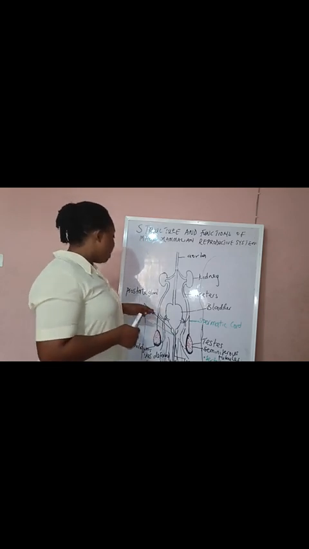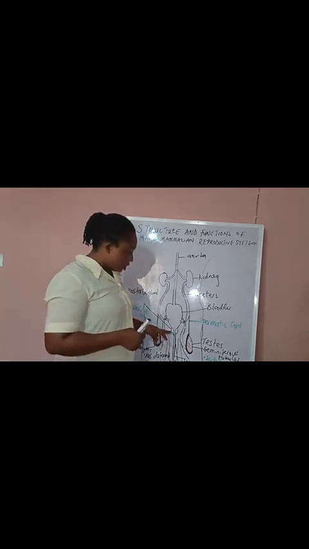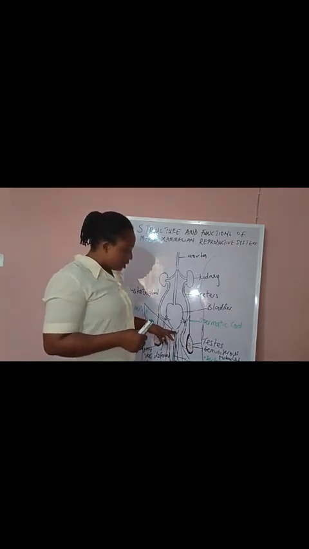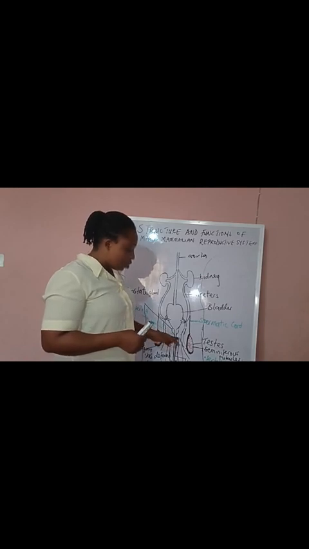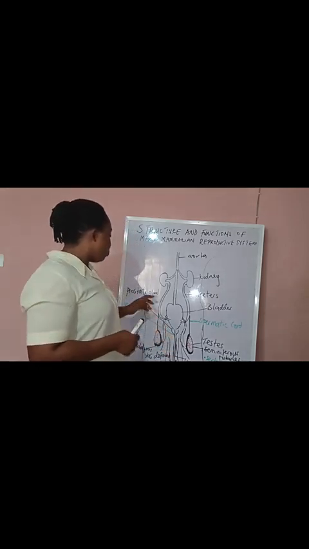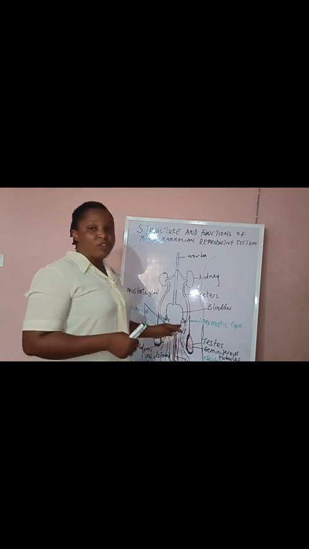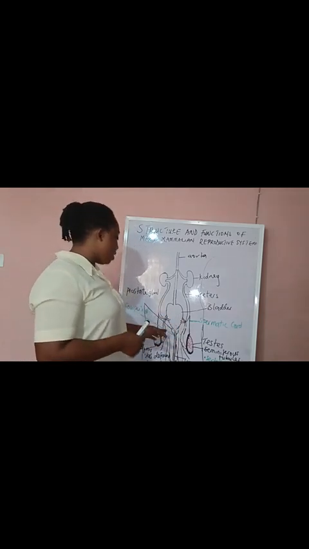From there, the sperm will be moved to the prostate gland. You can see it has a lot of tubes that connect it to the urethra. The prostate gland also secretes part of the seminal fluid.